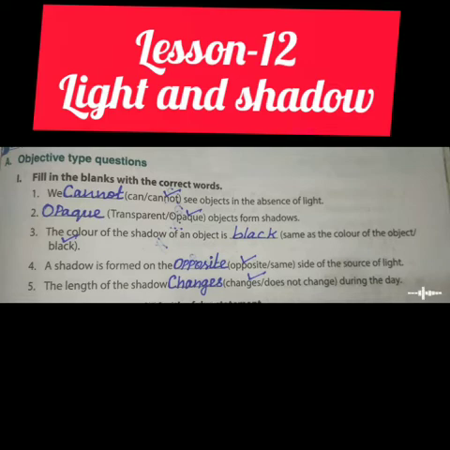Fifth one, the length of the shadow dash during the day. Bracket, changes or does not change. The answer is changes. The length of the shadow changes during the day.